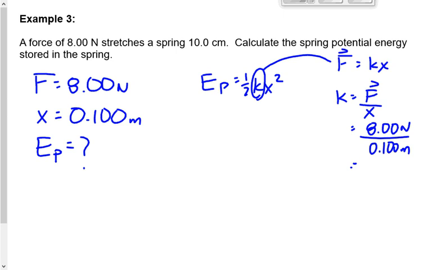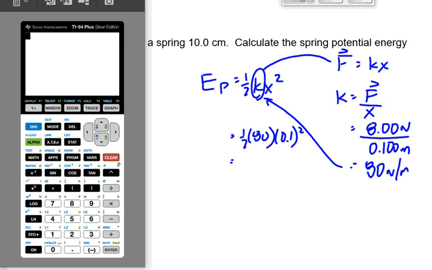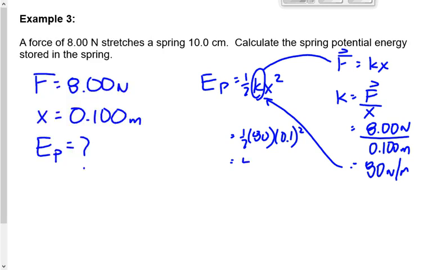8 divided by 0.1 is 80 newtons per meter. Now we're going to take that and sub it back into here. Say 1/2 of 80 times 0.1 squared. Let's figure that out. 0.5 times 80 times 0.1 squared gives me 400. No, that's not right.